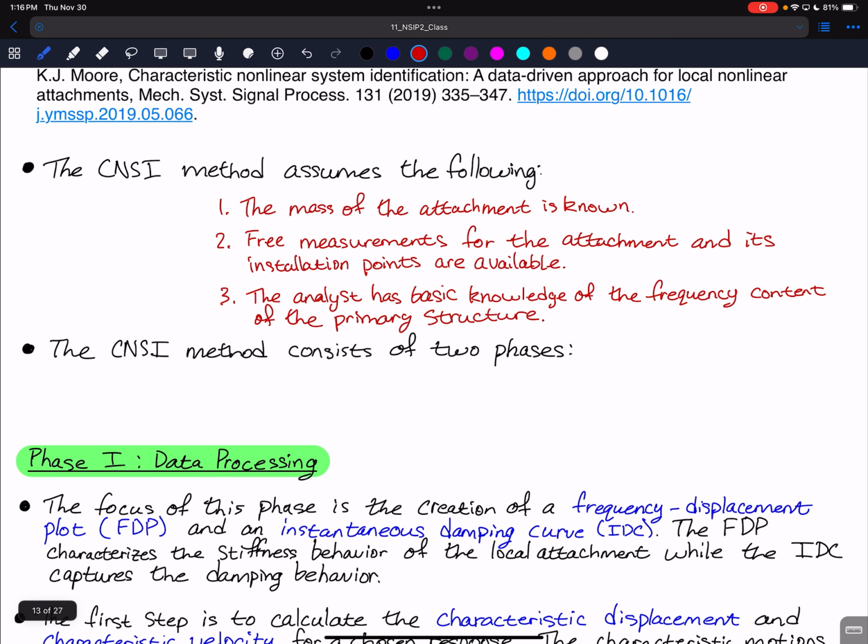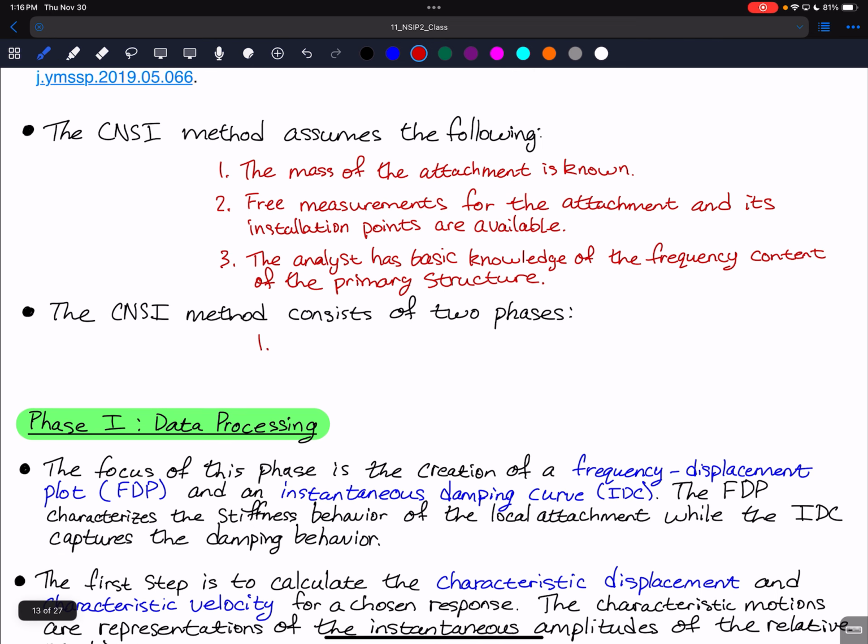Okay, so the CNSI method has two phases. The first phase is a data processing phase, where we will analyze the measured responses and extract information that we can then use to propose or select a model and then identify a model as well.